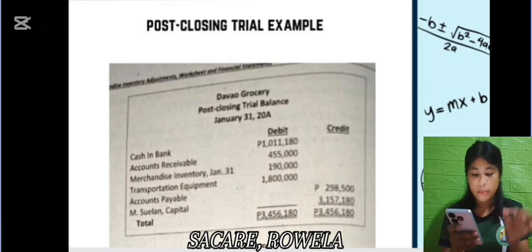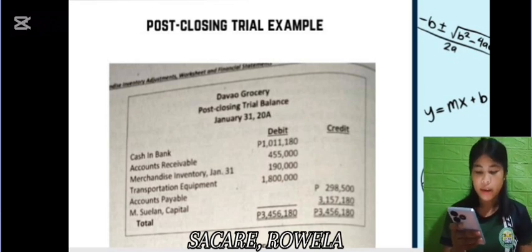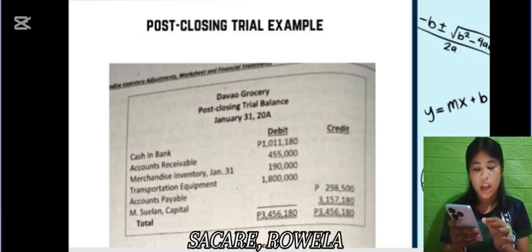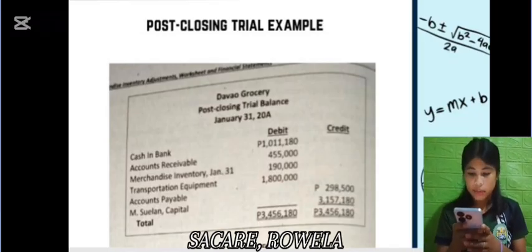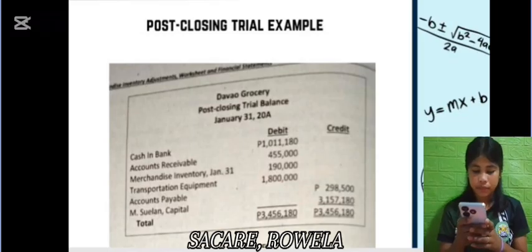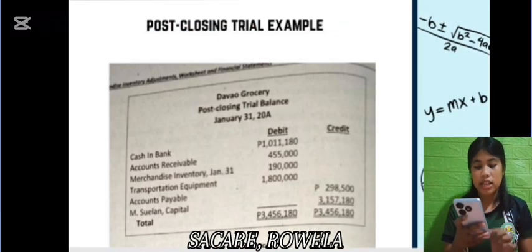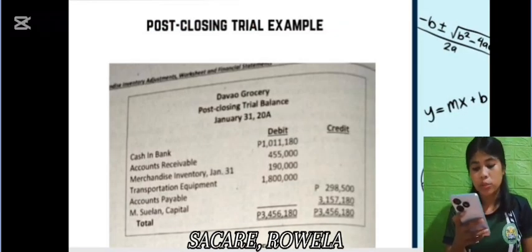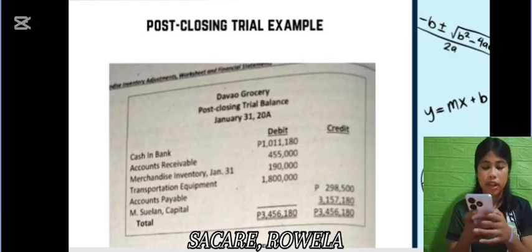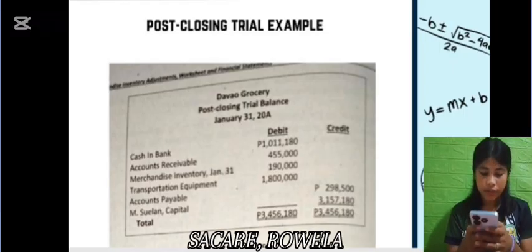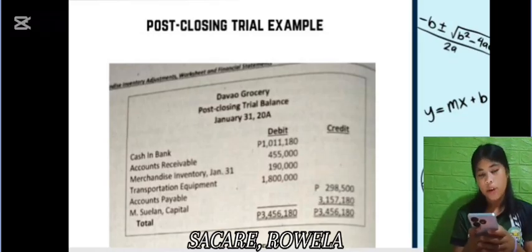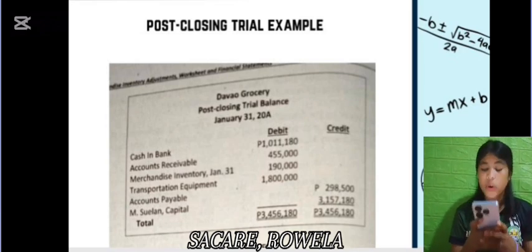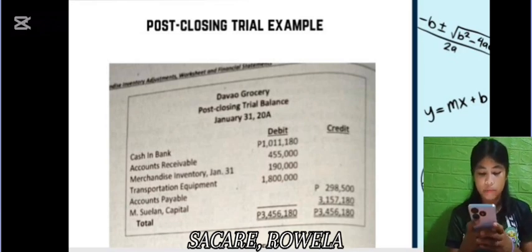Then gi-minus sila, nahimo na siya 1,011,180. So diri na sa account receivable. Account receivable. This account lists receivables from customers with a final balance of 455,000. Kamao gihapon, gi-plus dayon gi-minus ang balance niya na 455,000.